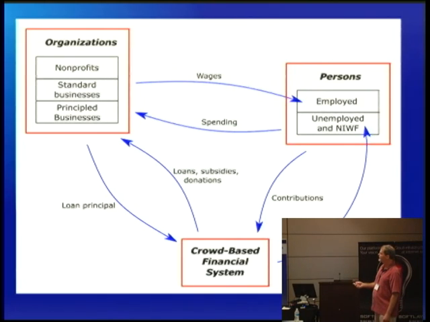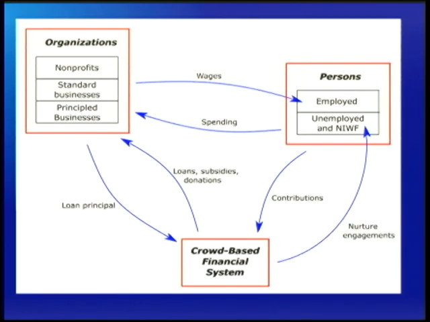And organizations in turn pay back some of the loan principal that they've borrowed. Also, the crowd-based financial system provides some kind of income assistance for unemployed and not in workforce persons. So these circles go around and around and around, and the model tries to capture those flows.